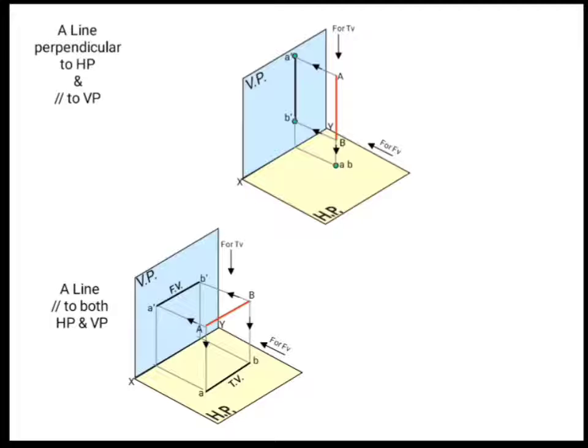Here we can see one line which is perpendicular to horizontal plane. The extension of that line can penetrate the horizontal plane at this point. So the horizontal trace of this line will be obtained exactly at this point where we got the plan of the line.